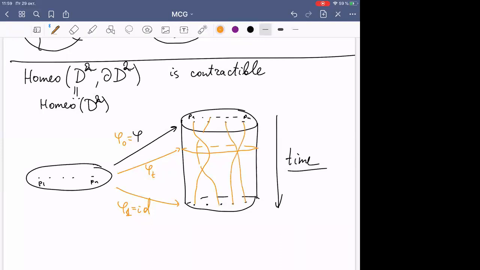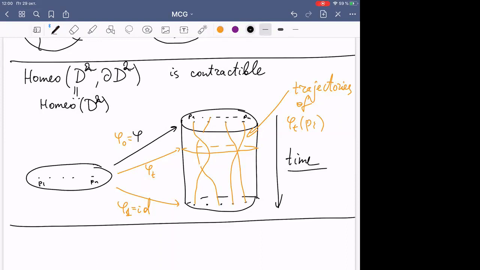We look at the trajectories of the images of these chosen endpoints, and so we get a braid.